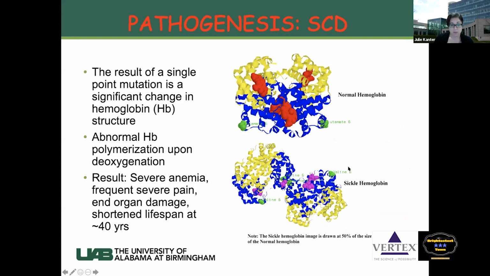That's because the abnormal hemoglobin then polymerizes upon deoxygenation. That means that when there's not enough oxygen and the oxygen is released from the red cell, it causes all the sickle hemoglobins to stick together. And of course, that results in severe anemia, pain, end organ damage, and shortened lifespan.